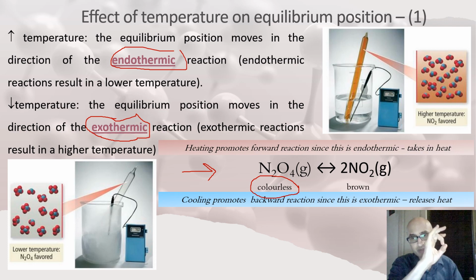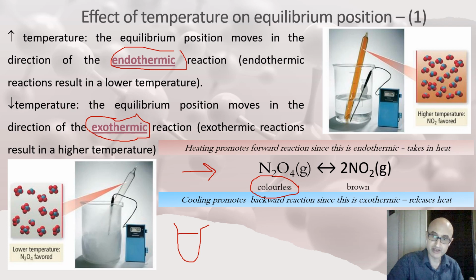An endothermic reaction is a reaction that takes in heat. And since it takes in heat from the surroundings, it will feel cold to the touch, okay? So let's put it down in this way. Imagine I have a reaction container, and over here I have a reaction mixture where I have an endothermic reaction, and we can abbreviate in that way.